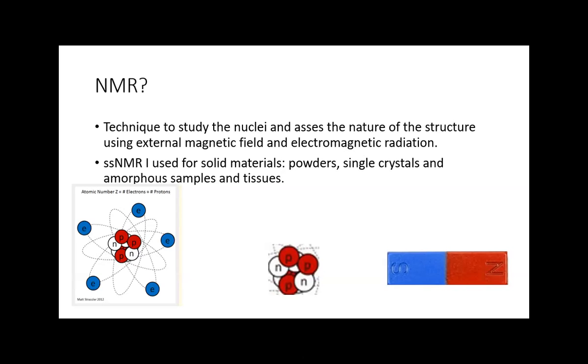And when we pass electromagnetic radiation, the nuclei can absorb radiation and excite from ground state to excited state. I will explain later. So that's the basic thing of NMR.